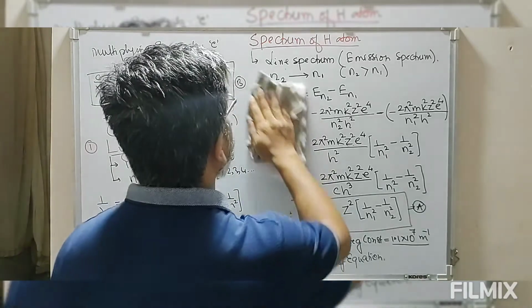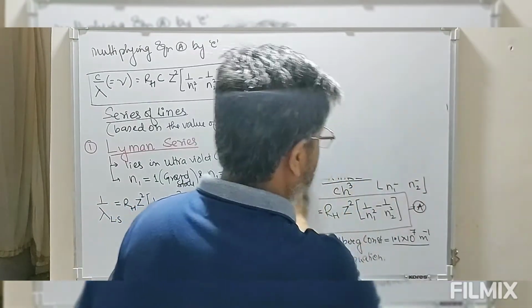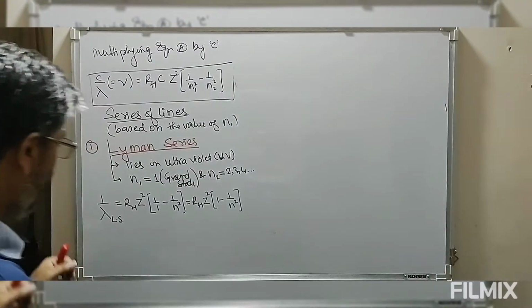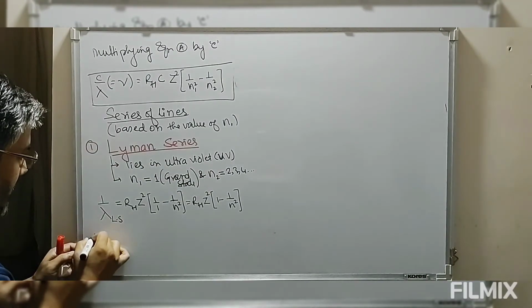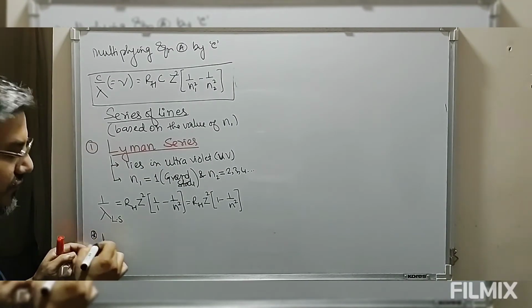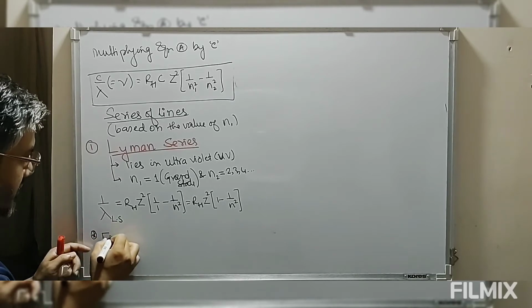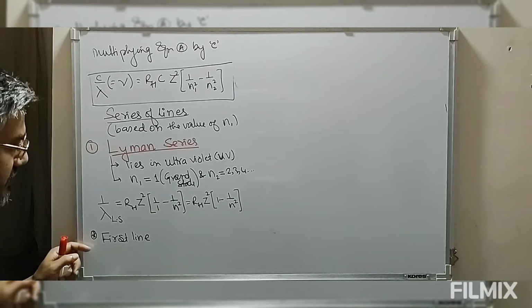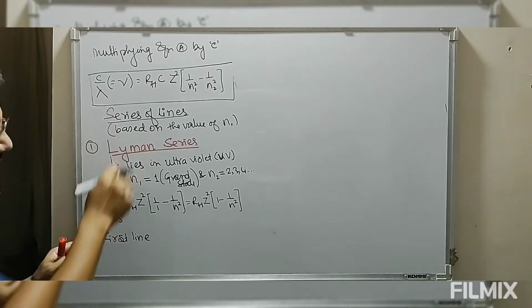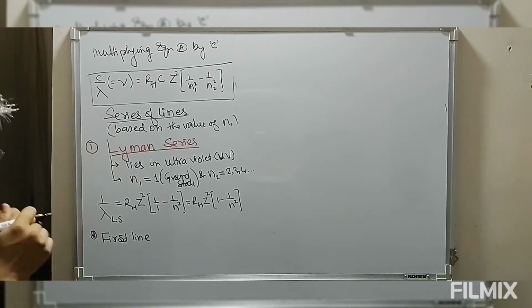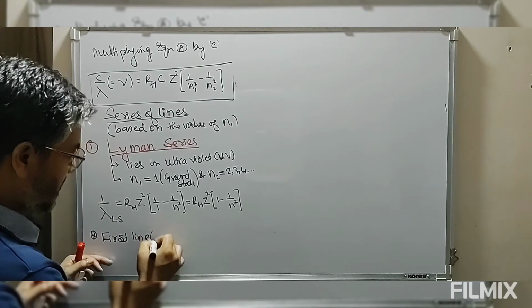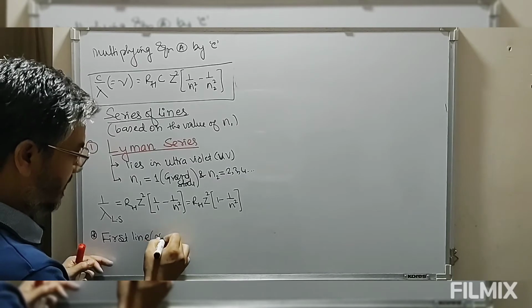These are some of the terms that we are going to often use. The first line of transition, this is for the Lyman series, but it is applicable for any series. The first line is also known as the alpha line.